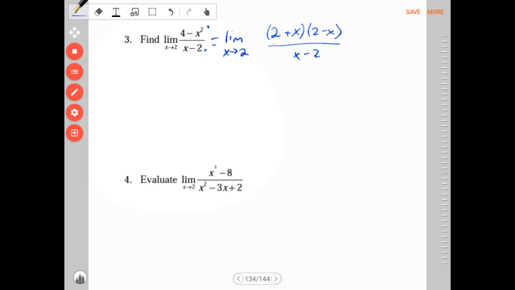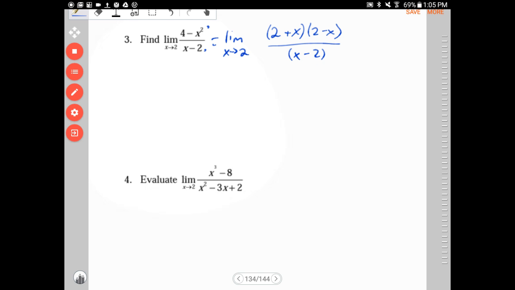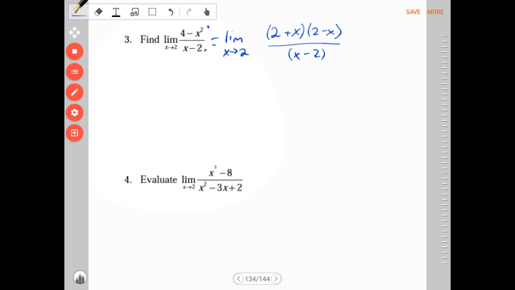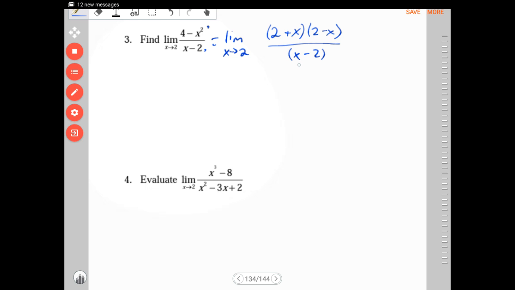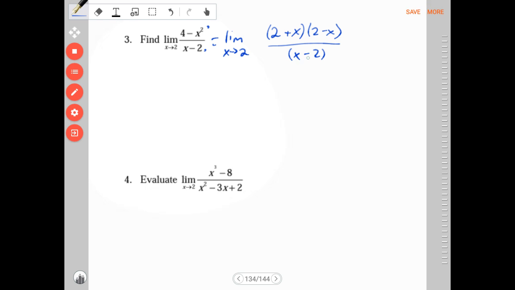Now remember how we can decide which one of these cancels. We're looking for the factors with either exactly the same or exactly opposite signs. Here we have a plus x and a minus 2, and here we have a plus 2 and a minus x. So it's these ones that cancel. But remember, when we cancel this way, we leave behind a negative 1.